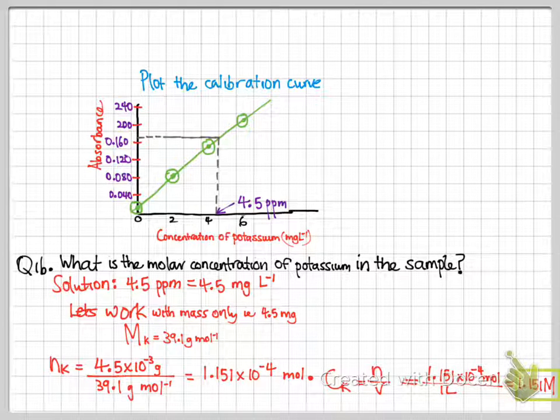I get a certain number of moles, and now to calculate the molar concentration, I take that number of moles and divide it by my volume, which is 1 liter in this case, and I get a molar concentration of potassium of 1.151 molar. Right, I suggest you just pause this video at this point, try and walk through this and understand how it works.